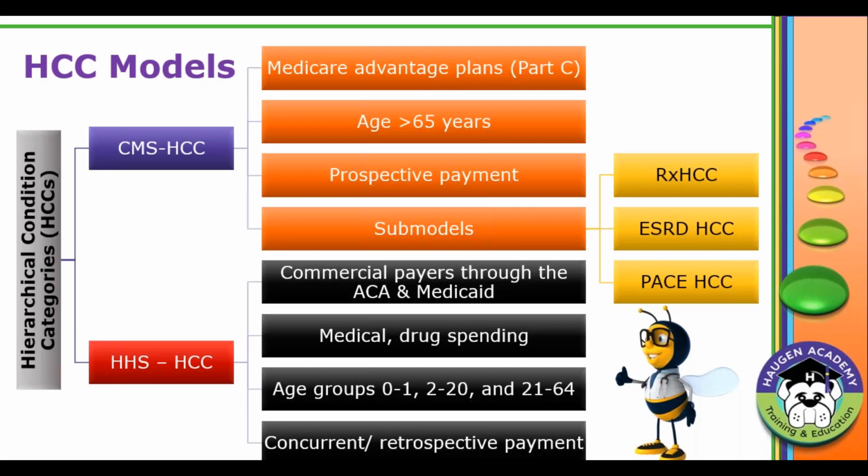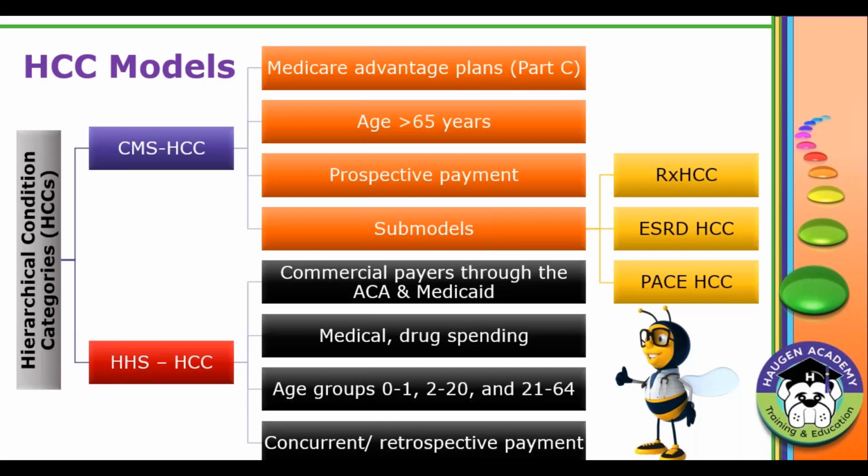So that's included in this model. And then the PACE HCCs. And the PACE HCCs cover patients who are living in the community, who are eligible for institutional care but are able to live on their own, and it's based on a frailty index.